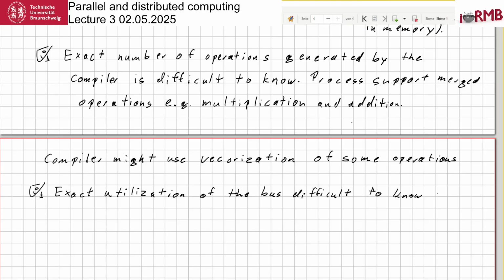So at the end of the day, you actually have to measure your arithmetic intensity, and it may be different from your theoretical predictions.